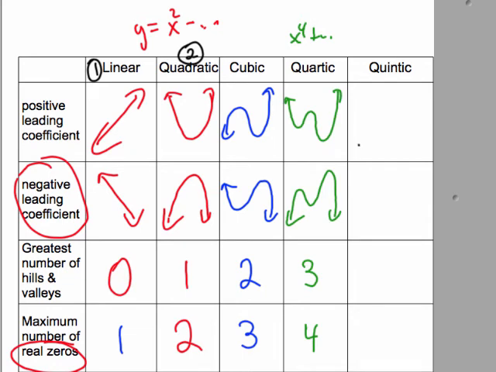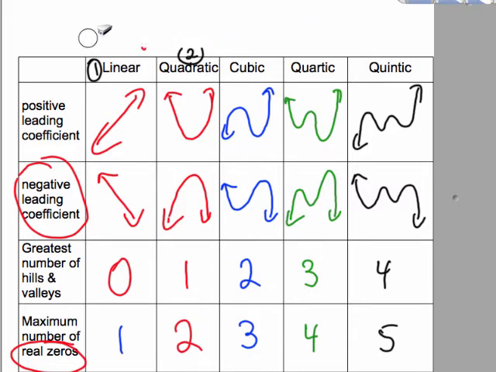So my shape is something like this. If I reflect it across the x-axis, it might look like that. We have 4 hills and valleys, and the maximum number of zeros is 5.